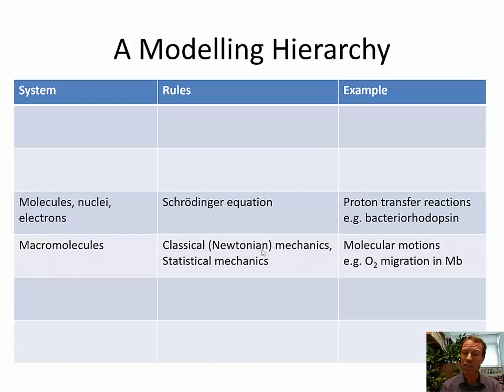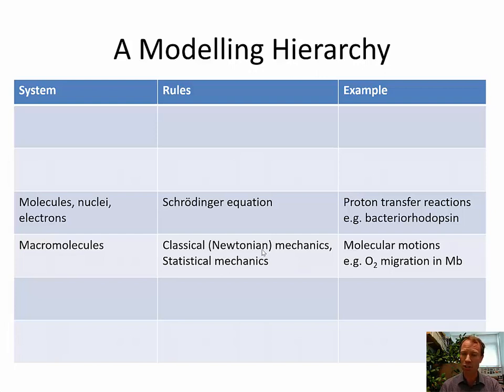An example of this might be the migration of oxygen, O2, in myoglobin. Myoglobin is a protein in muscle similar to hemoglobin, which binds oxygen, but the oxygen has got to get from outside the protein to inside the protein in order to bind.